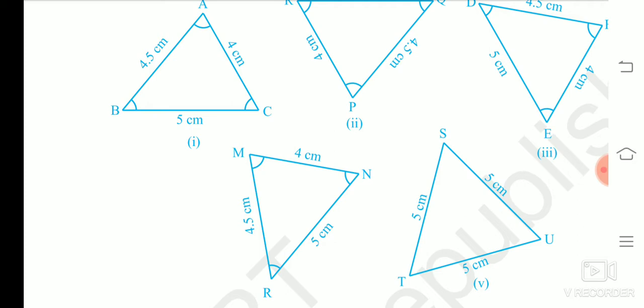The fifth triangle is different. Using this, you are going to write the triangle form, maintaining the order ABC.